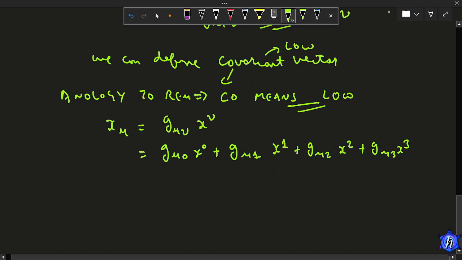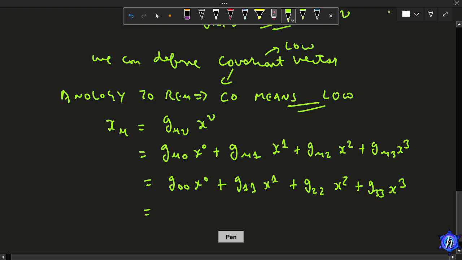Further, we can put g00 x0 plus g11 x1 plus g22 x2 plus g33 x3.